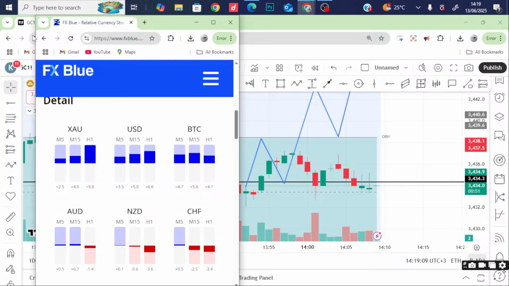We shall wait. You can see that TradingView is somehow slow.